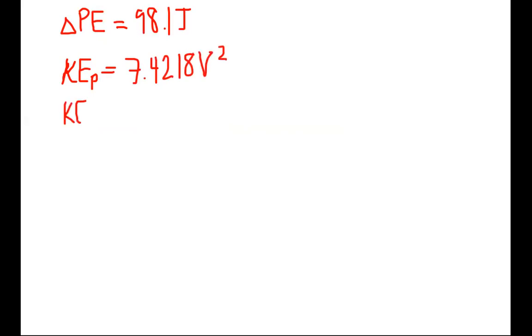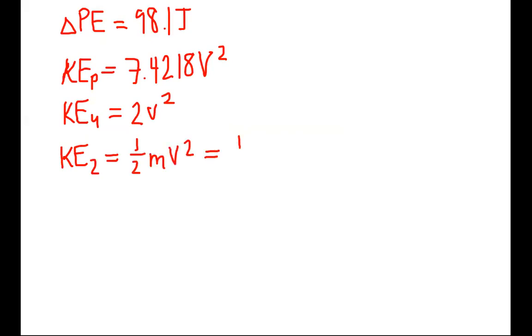Kinetic energy of the 4 kilogram box was equal to 2 times the velocity squared. And we're solving now the kinetic energy of the 2 kilogram box, which would again be 1/2 mv squared, which gives us 1/2 times 2 times velocity squared, which gives us 1 times velocity squared.